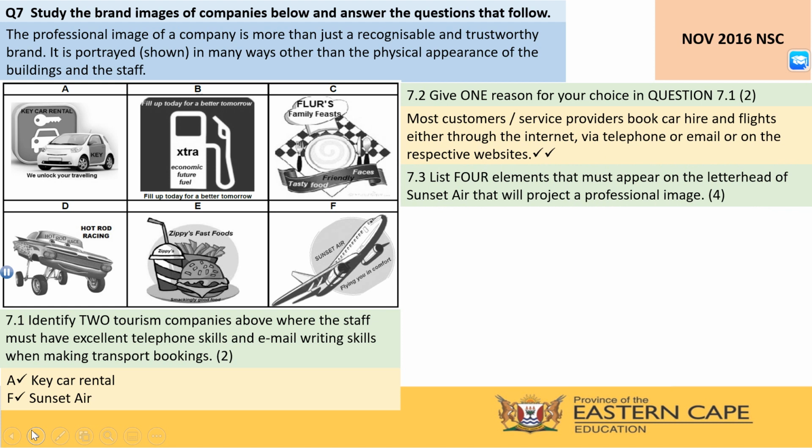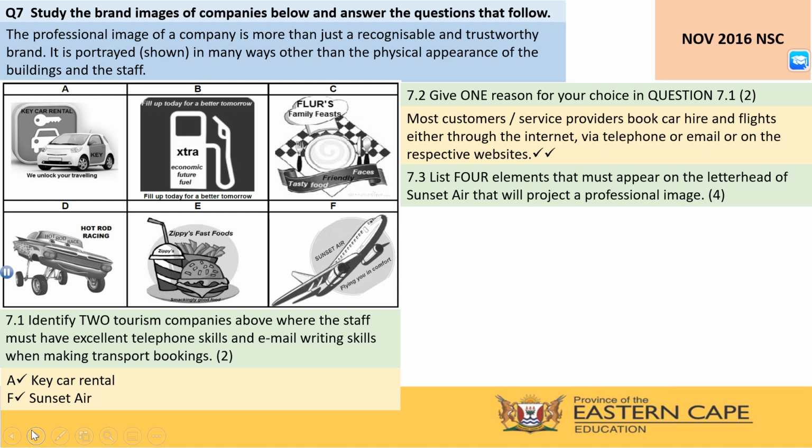Then you have question 7.3, list 4 elements that must appear on the letterhead of Sunset Air that will project a professional image. If you go back to the first section in this lesson, we spoke about company stationery that reflects the image of the company, and one of those aspects of company stationery was a letterhead.